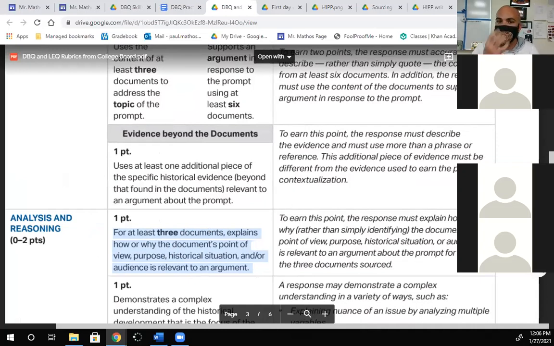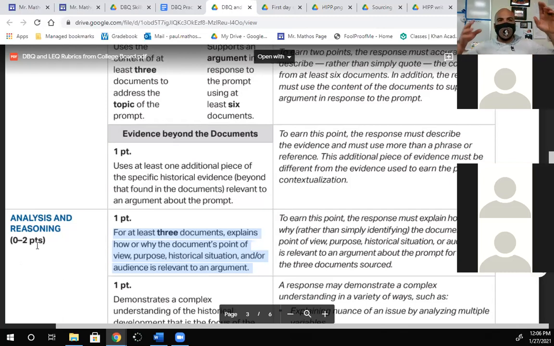You don't have to do all 4 to get the analysis point. You can do historical context for 3 documents and be good. You could do historical context for 1 document, purpose for another, and audience for another, and you're going to get the point. But you've got to do it for 3 documents. You must analyze them using HIPP or HAPP.